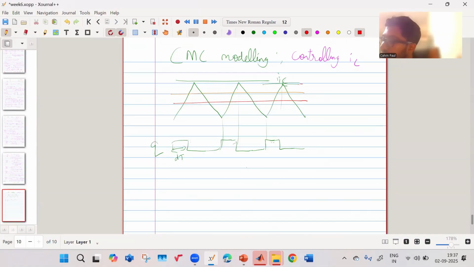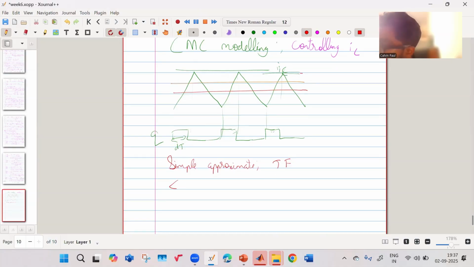So when sir has shown your first order, a very simple approximate method for you to derive a transfer function, in that we consider that the average IL, or that is your IL perturb of S, is approximately equal to your control current.